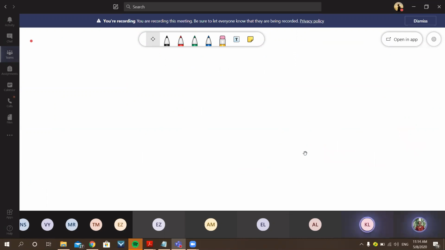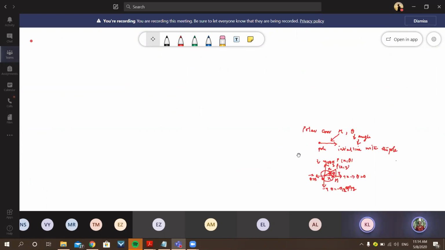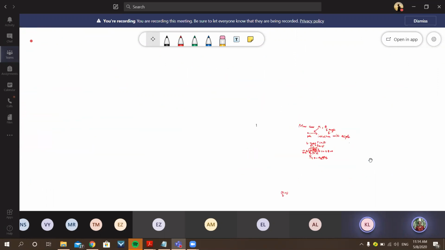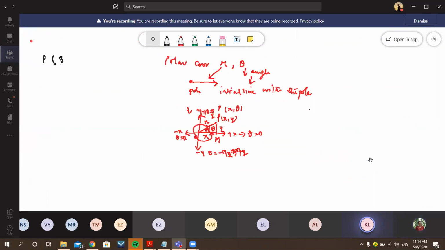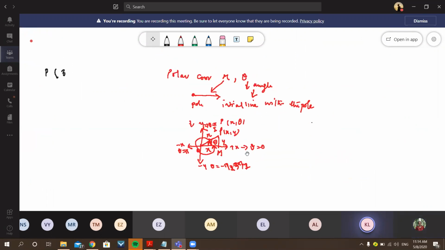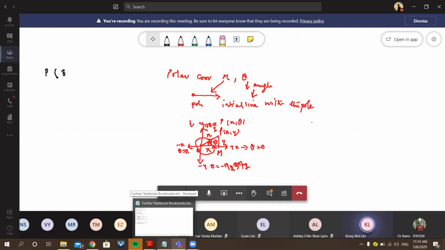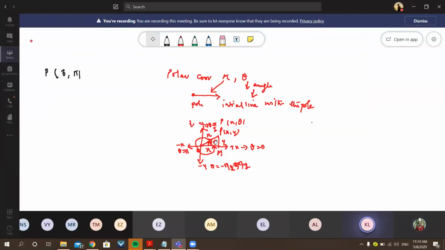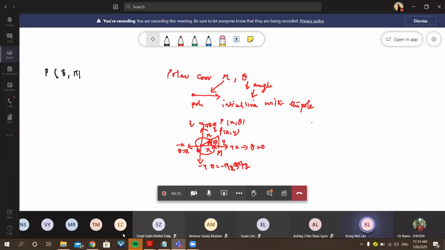Is there nobody who can tell me how to draw it? The angle will be pi by 6, right? So you draw it in quadrant 1. Minus 5 by 6 below the horizontal, in the fourth quadrant.